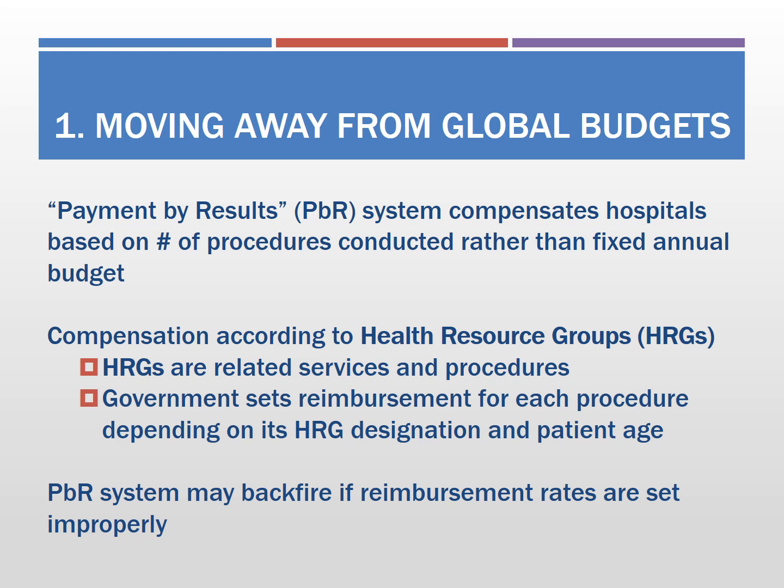Despite this concern, some empirical evidence suggests the English Payment by Results program, which introduced the HRG pricing, actually increased the provider efficiency in the country without sacrificing the patients' health.